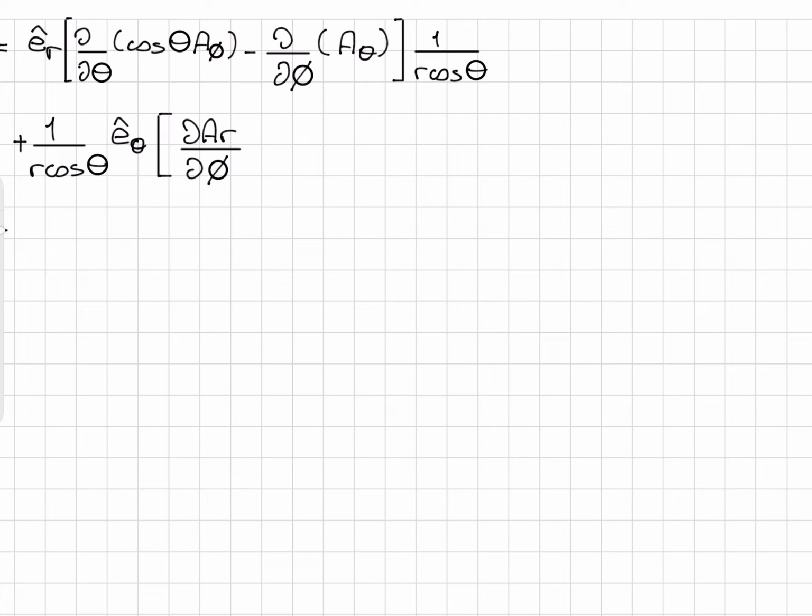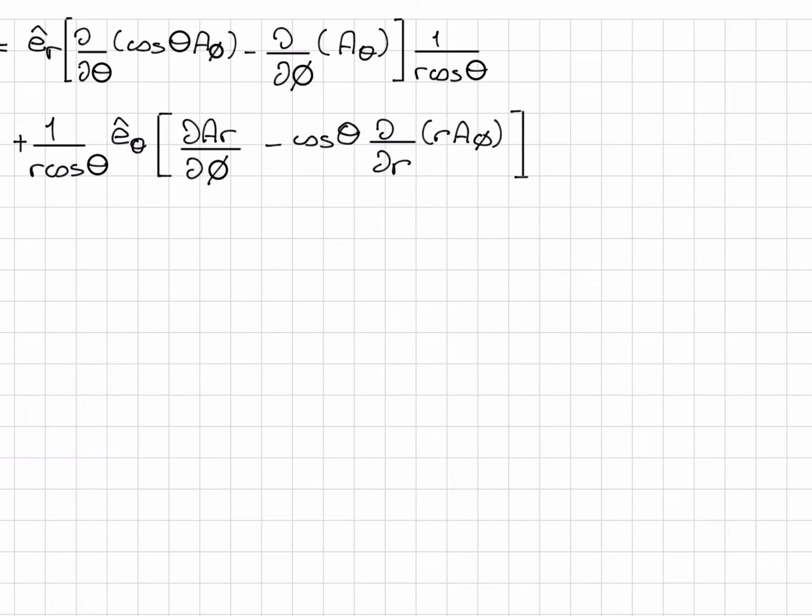The next term is minus the r derivative of r cosine theta a phi, which means cosine theta is not affected. So let me take the cosine theta out. Cosine theta r derivative of r a phi. But I also have a cosine theta here.